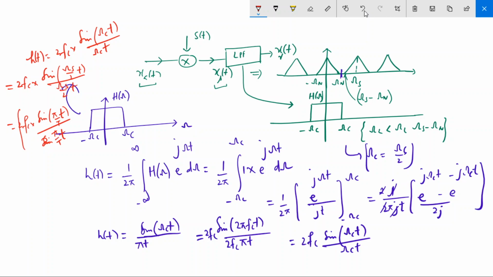This is your impulse response of this filter. Okay, so it is a sinc function basically.